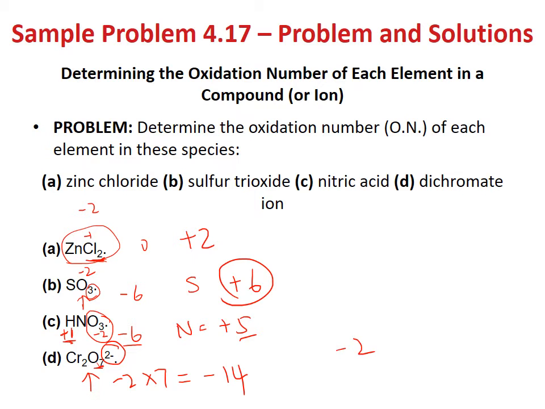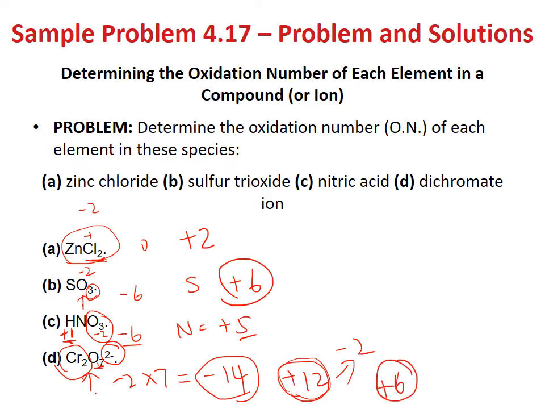In other words, the chromium atoms added together should be +12, so -14 plus 12 gives you -2. Now, you have 2 chromium atoms, so each of them must be +6.